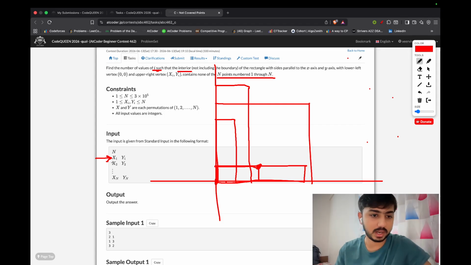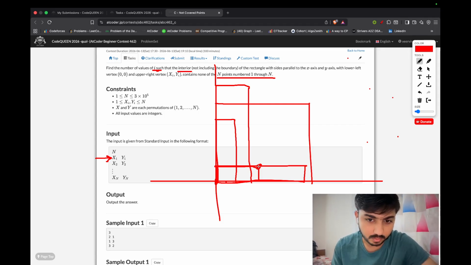Let's forget. Let's visualize only one dimension. Let's say if x1 is this, is the smallest, then all the greater ones lie here. Okay. Yeah, that works, right?